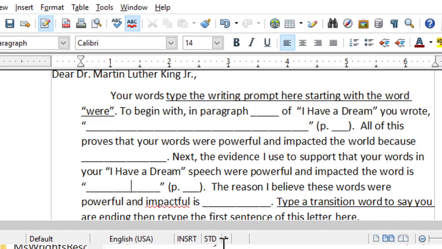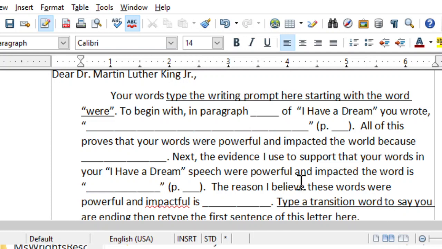Another line that you believe is powerful. Find another sentence from his speech that you think is powerful and type it here. That sentence must be different than the sentence you typed right here. You're looking for two different sentences from the I Have a Dream speech that you think are powerful and impacted the world. They are two different sentences.